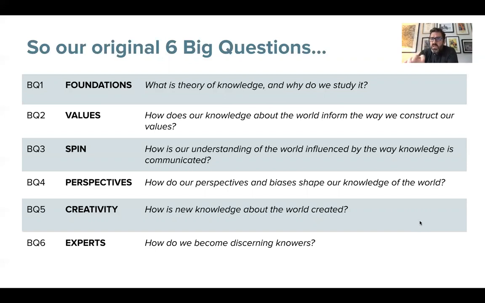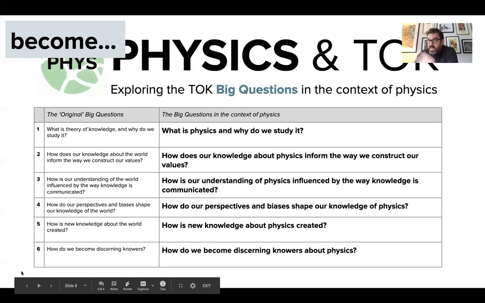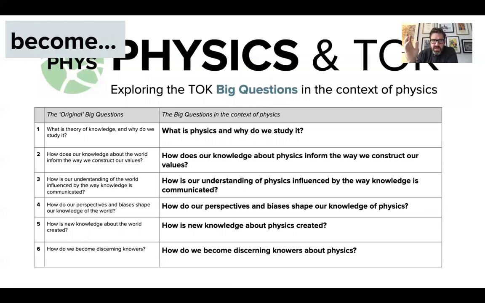Now, those are the kind of generic questions that we ask overall in TOK, but we can adapt those questions and align them really well with any subject. Here's how we might do it for physics. You can do it for any of the group 4 subjects in this way. For example, big question 3 is all about communication, about spin.